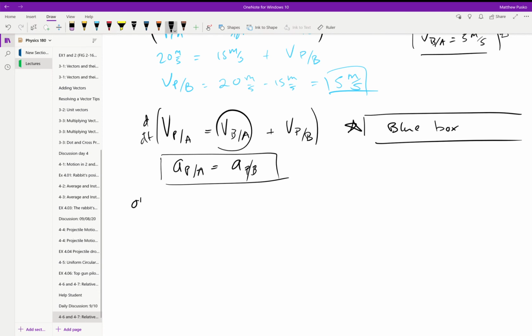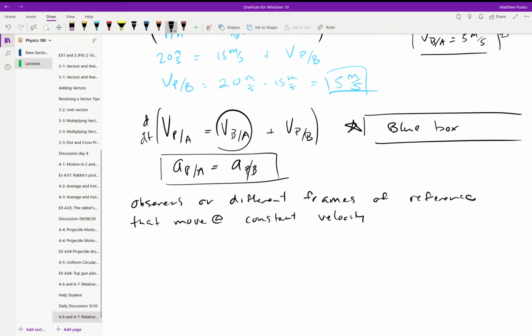Observers on different frames of reference that move at constant velocity relative to each other will measure the same acceleration for that moving particle. So in this case, the same acceleration for P, right?